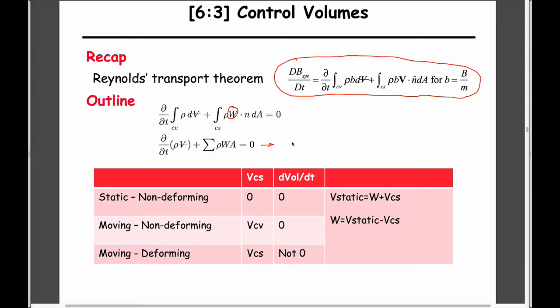And we can write this as, for instance, if we differentiate this by parts, we end up with a density multiplied by a change in volume with time, plus a volume multiplied by a change in density with time, plus a mass flow rate equals 0.